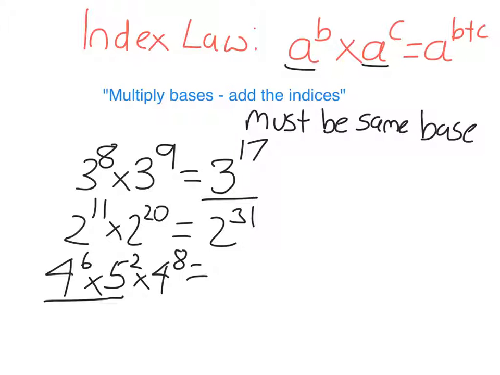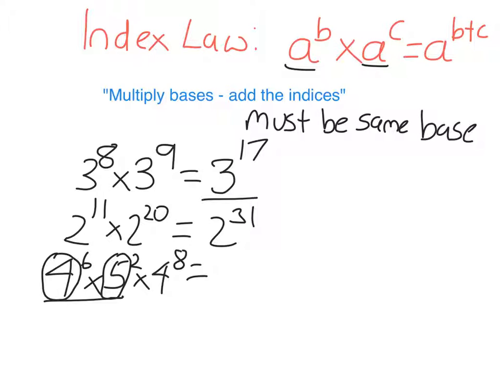When we're using indices, we can't multiply them unless they're the same base, at least not at the level at which you're doing this. So 4 to the power of 6 and 5 to the power of 2 have different bases. The base of the first number is 4, and the base in the second one is 5. So what that means is I don't combine them. They don't touch each other.